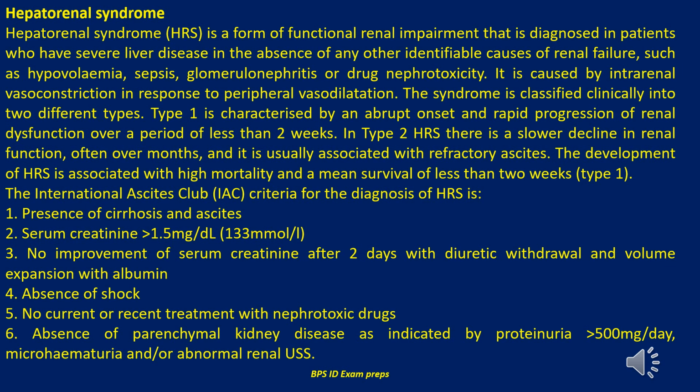Type 1. The International Ascites Club, abbreviated as IAC, criteria for the diagnosis of hepatorenal syndrome is: 1. Presence of cirrhosis and ascites. 2. Serum creatinine above 1.5 mg per deciliter, that is 133 micromoles per liter. 3.